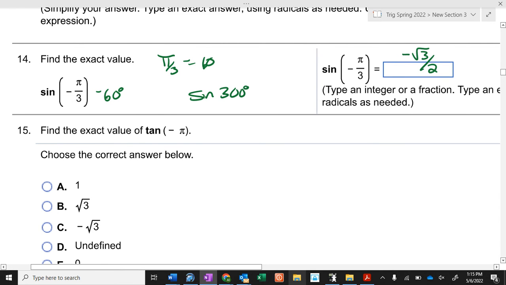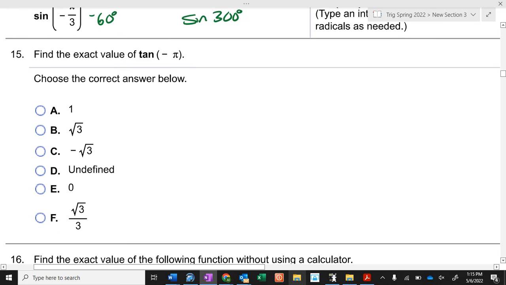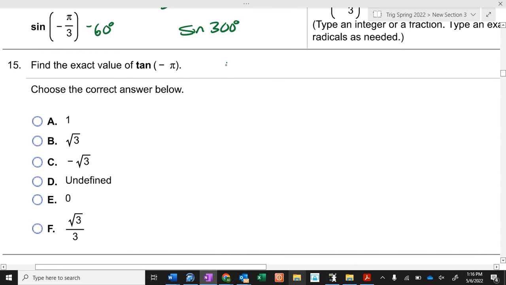Okay. What's the tangent at negative pi? Well, what's negative pi the same as? Positive pi. Tangent at pi. Well, at pi, tangent is sine over cosine, right? So it's the sine of pi over cosine of pi. The sine of pi is 0.